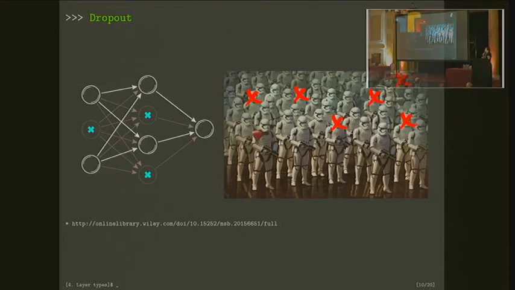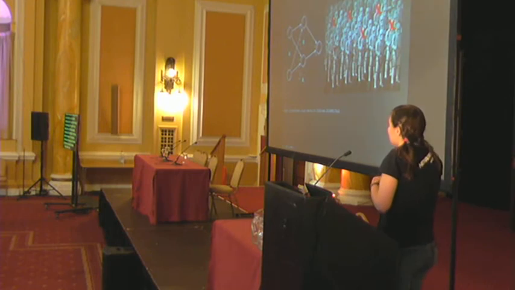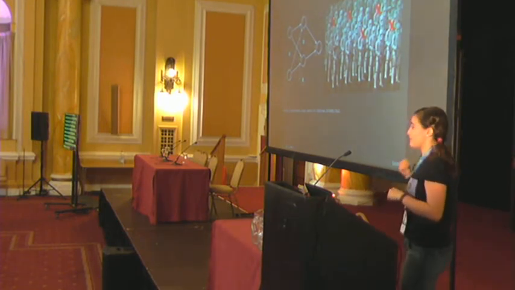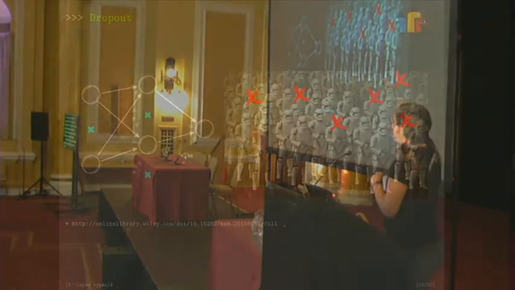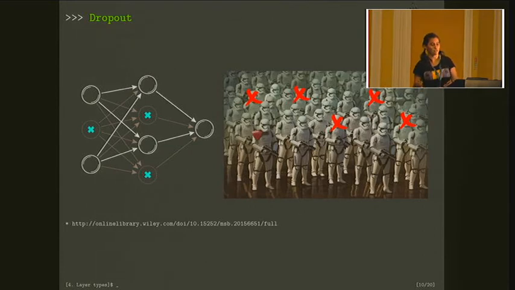So to battle this, we have regularization methods. In particular, dropout is quite easy to implement and really effective. You can add a probability for the node to disappear. So in each run, you can ask, okay, you stay or you go.